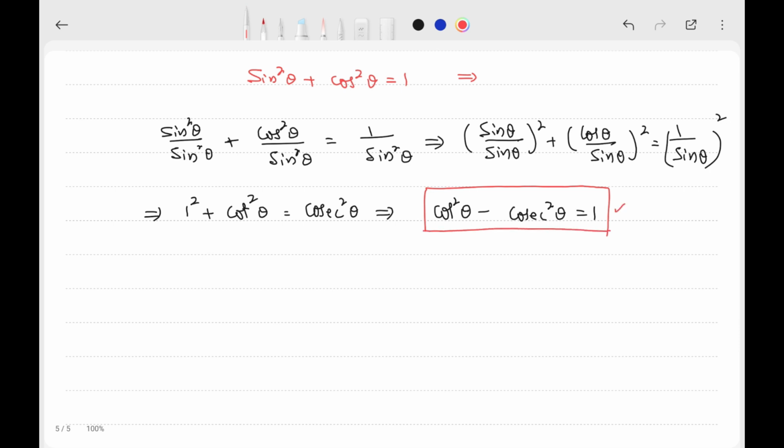Another derivation we have got. Similarly, we get 1 plus tan square theta is equal to secant square theta. That implies we can write this way, secant square theta minus tan square theta is equal to 1.